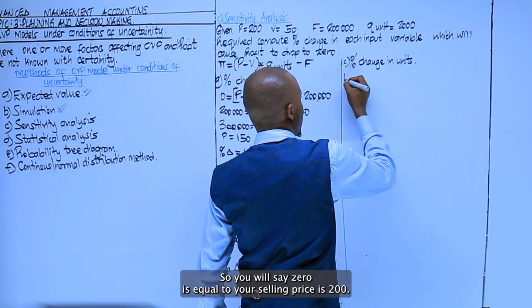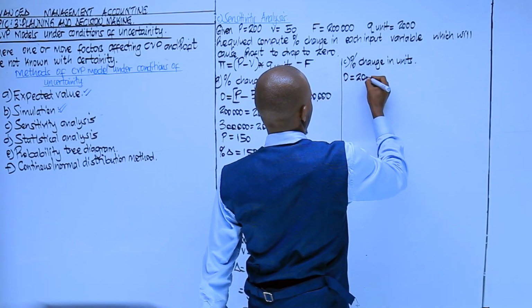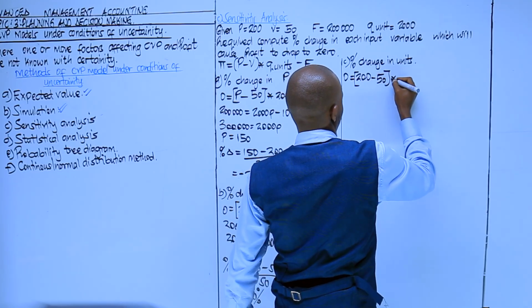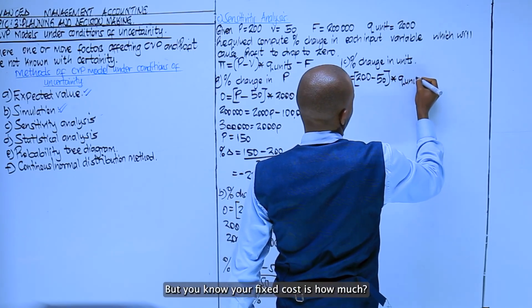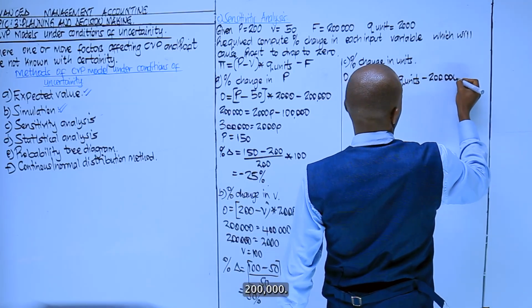So you will say 0 is equal to, your selling price is 200, your variable cost is 50. The units, you don't know, but you know your fixed cost is 200,000.